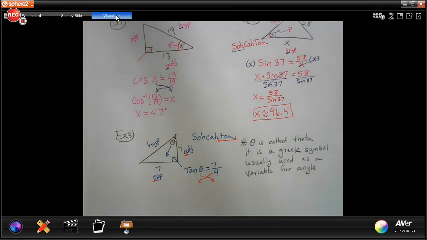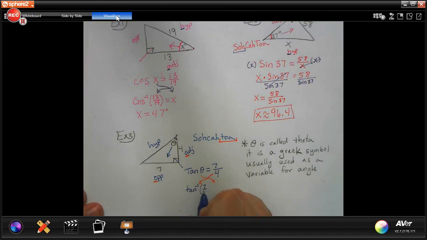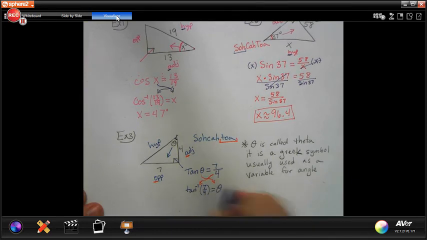We're still going to have tangent, it's just that we have to switch, which makes it tangent with the negative 1. We put our fraction next to that, equals our variable. That's how we get the variable alone when it's stuck next to a trig function. We have to do the switching and change it to the inverse, negative 1. So now we just solve. Use a calculator.